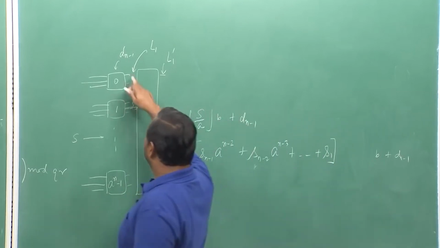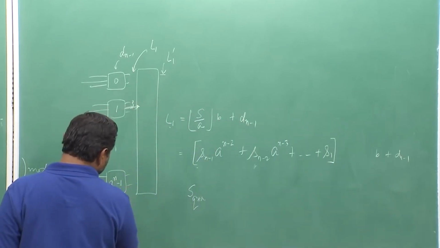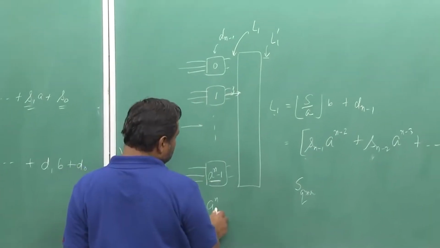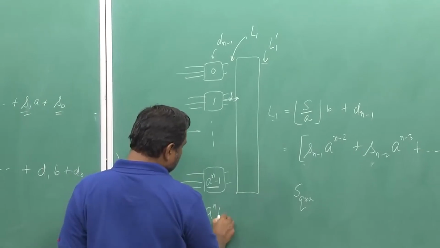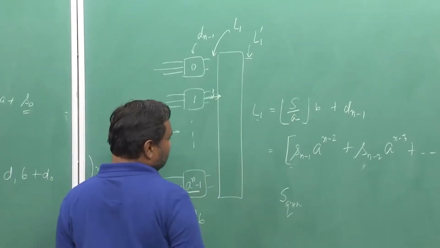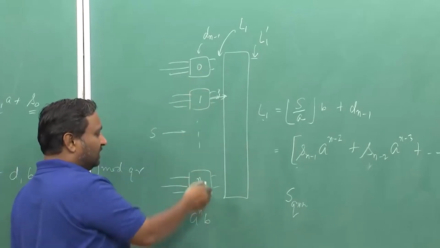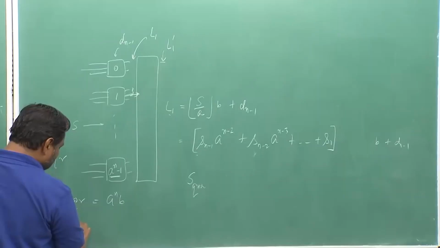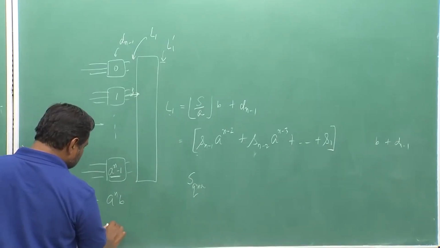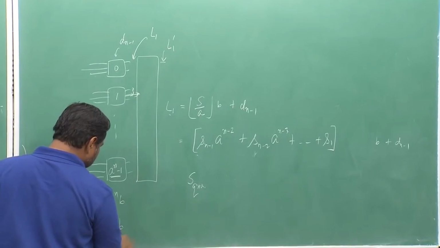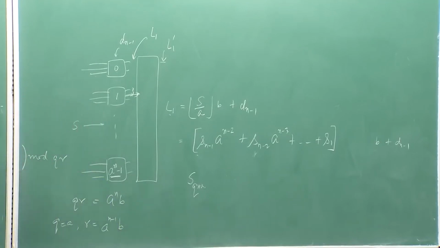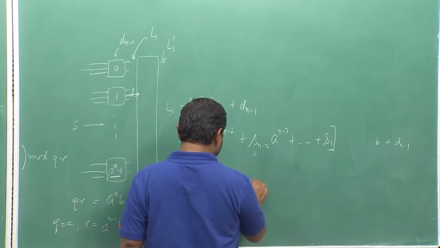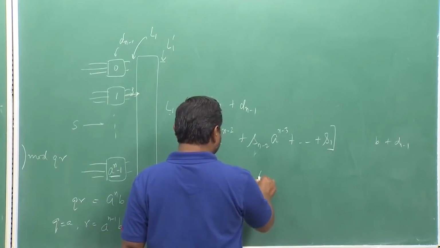So, total number of switches is A raised power n, number of switches into B, that is the total number of ports or lines being counted. So, QR is equal to this, and now Q is equal to A, which implies R is A raised power n minus 1 B. Okay. So, with these two parameters I can now take L1 and it will give me L1 prime.